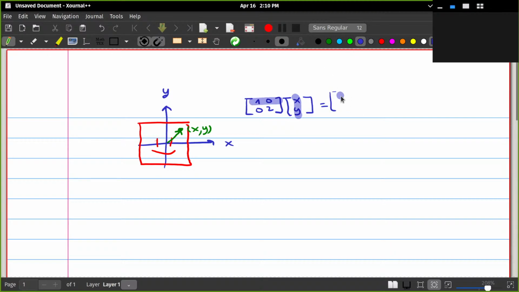In this case it is just X, and then this dot this is this element, and I'll have 2 times Y. So from a vector X, Y, I transform that position to X, 2Y.